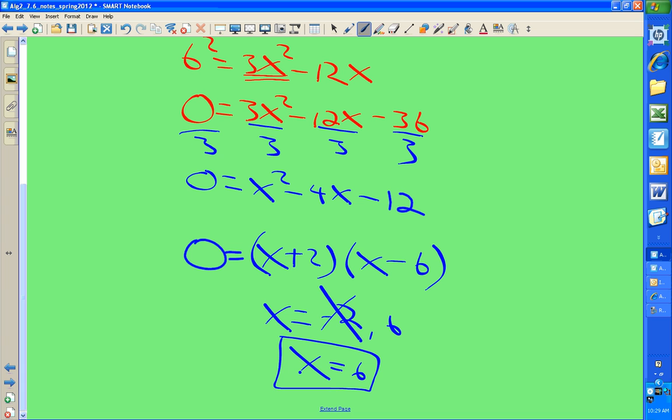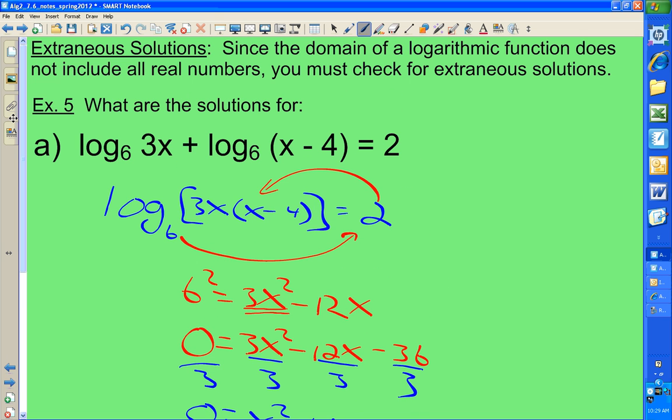How did you figure out that the -2 is extraneous? Just plug it in. 3 times -2, -6. 6 to what power can give you a negative answer? There's no way. So we can never take the log of a negative. So that throws that answer away.